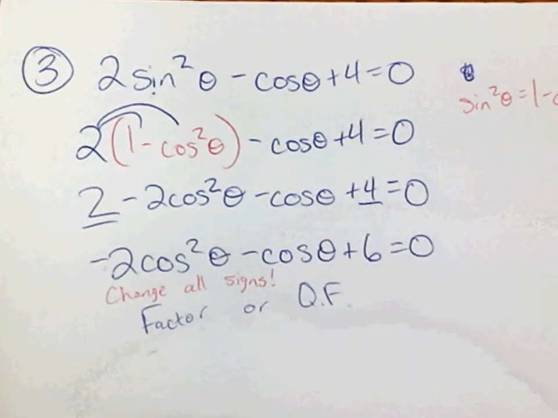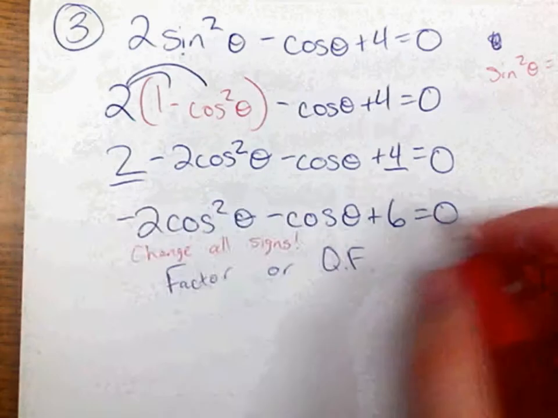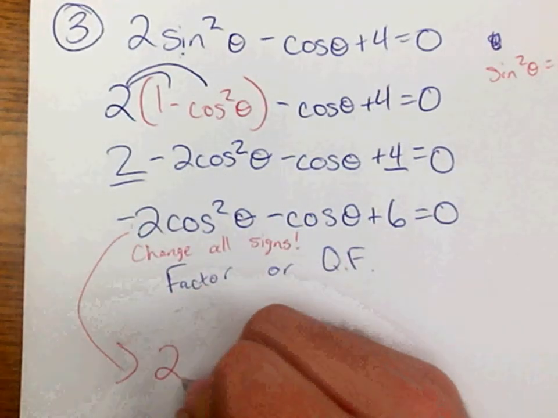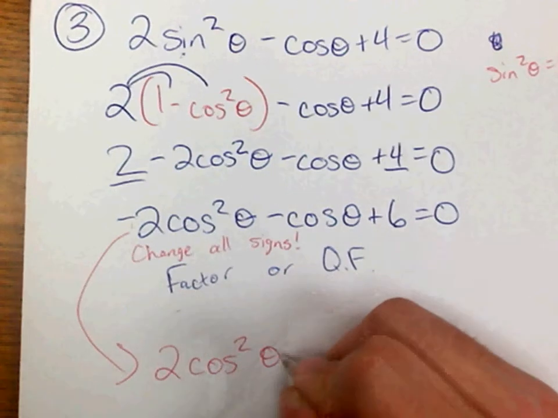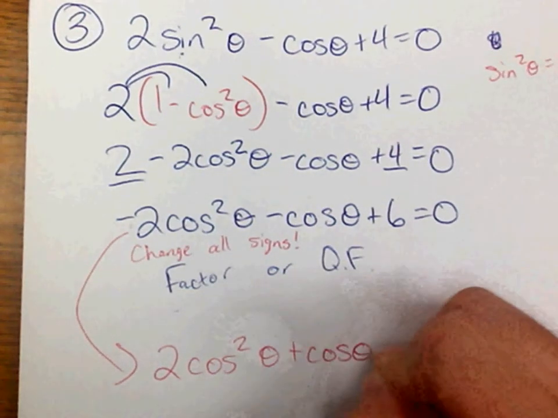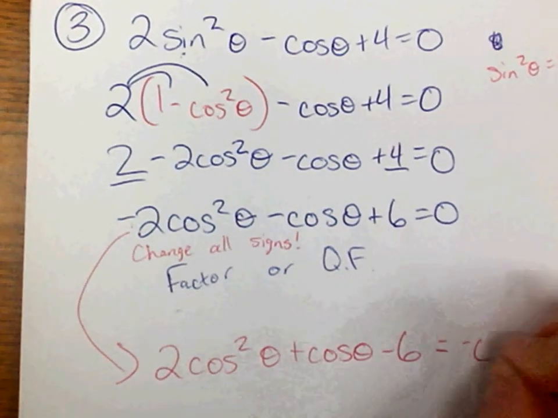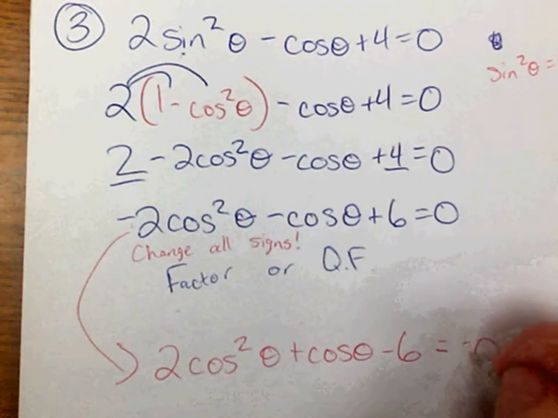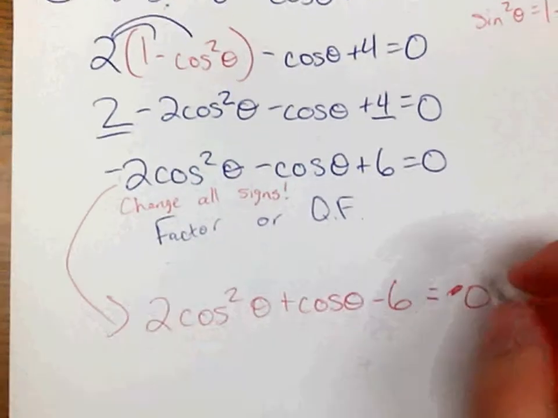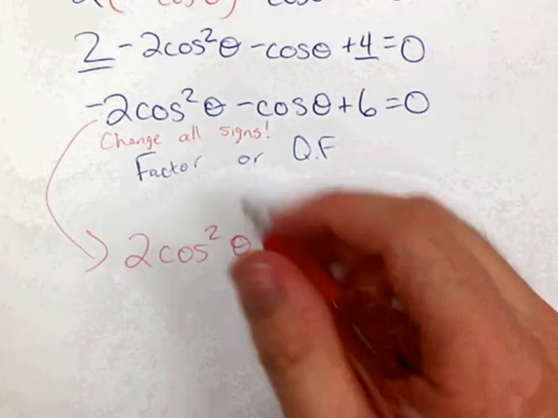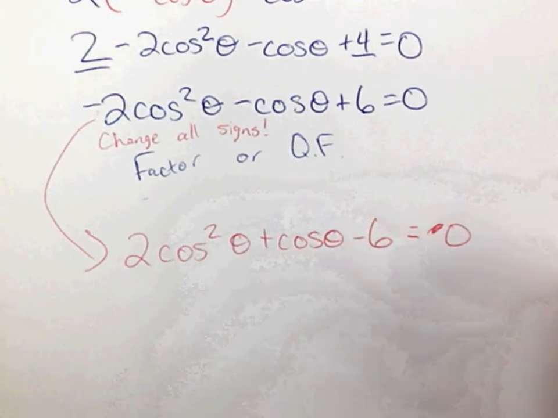Of course, negative 0 is still 0. But this can be rewritten as 2 cosine squared theta plus cosine theta minus 6 equals negative 0, which is just 0. You don't actually even need this sign at all. So that's just a little tip. If that makes it easier to factor or use the quadratic formula, I recommend trying it out.